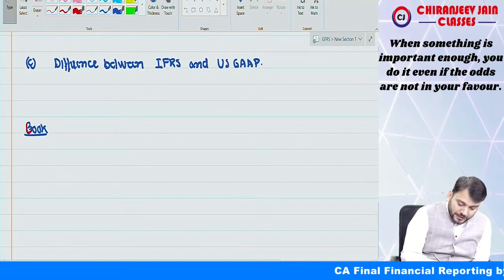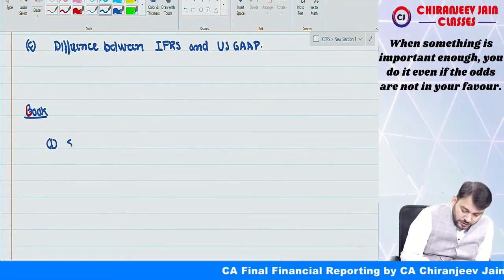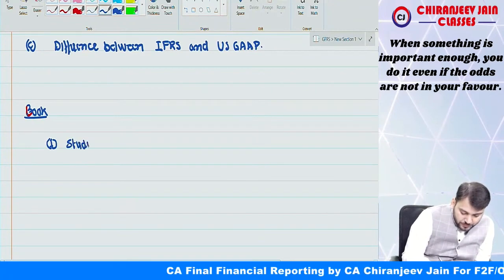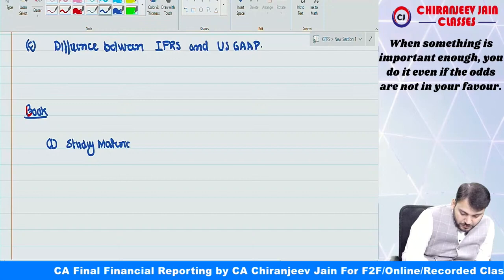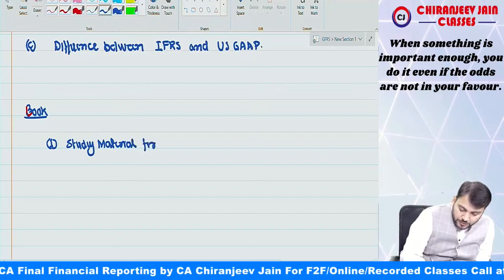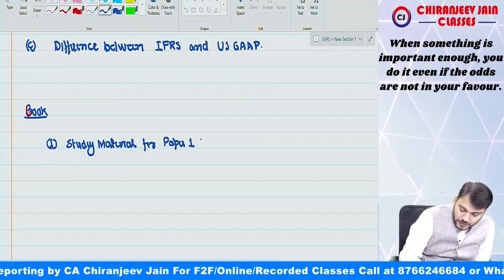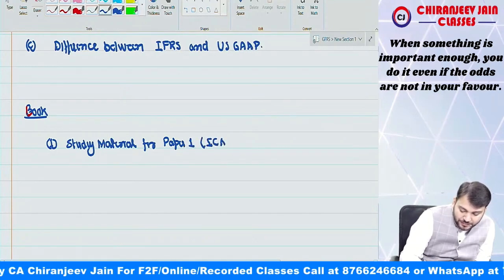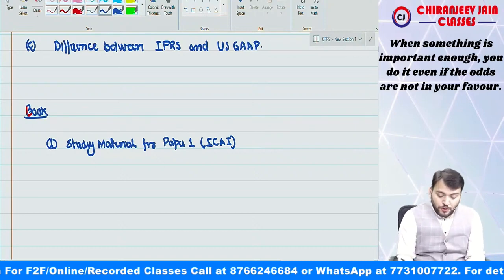Means, can I say, first, the study material for paper 1 given by ICAI. Correct. So there is module 1 to module 4.